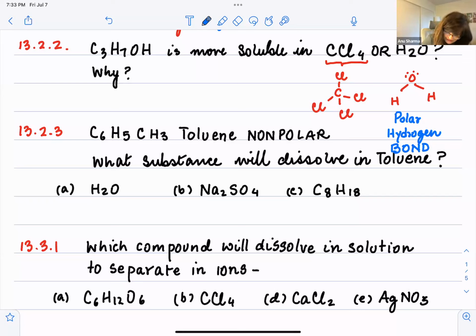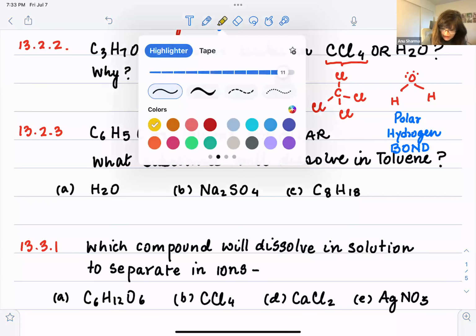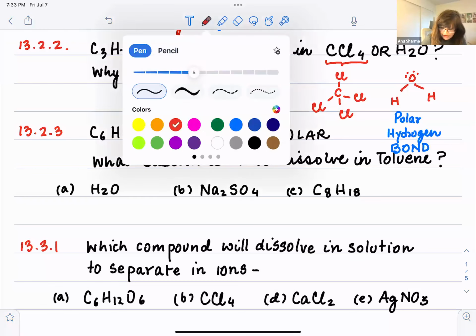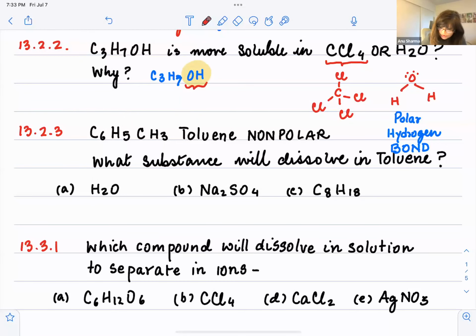Now, in this molecule, C3H7OH, this OH alone should tell you that hydrogen bonding is possible here. So this OH group is common to water, and so this will cause hydrogen bonding. So hydrogen bonding here and hydrogen bonding in water also.